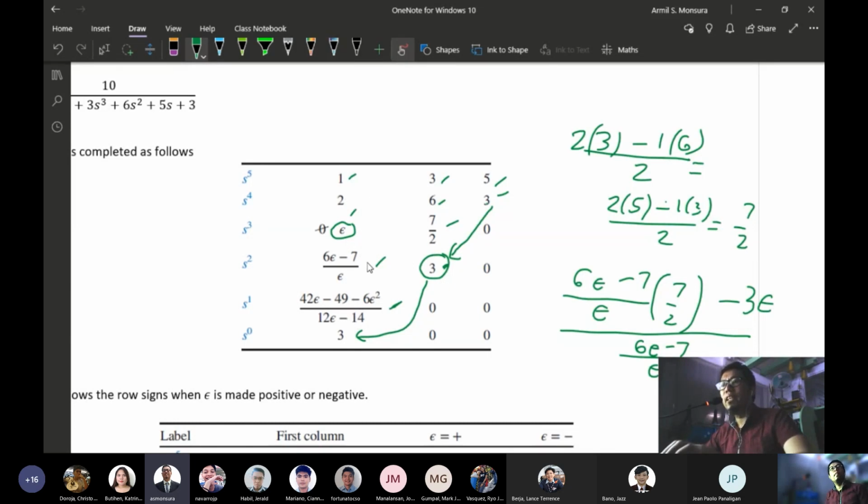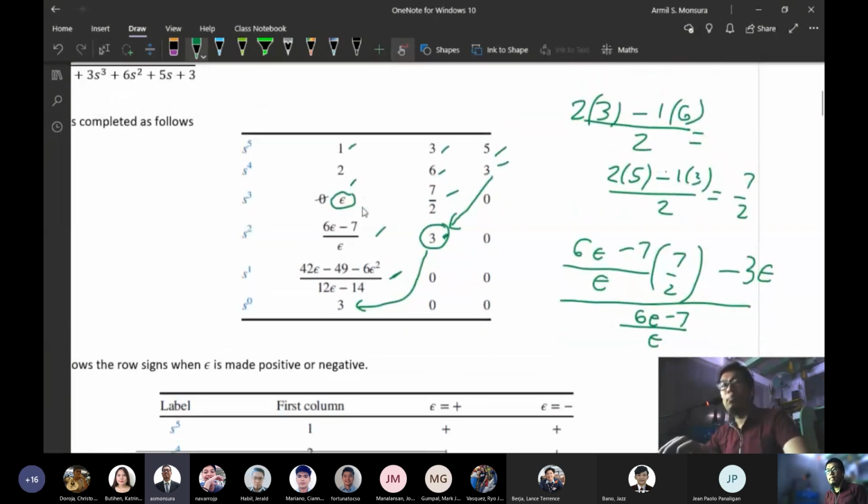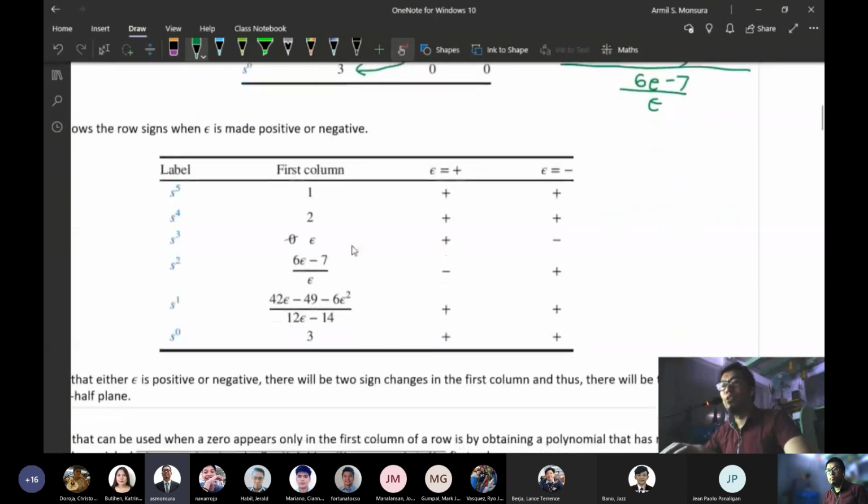So, what would happen then is that itong epsilon, papalitan natin siya ng very small positive or negative number. So, kukunin natin yung first column ngayon dito, and then tingnan natin ngayon, what if this is a very small number na positive? So, positive siya. I-assume natin na yung epsilon natin is positive. Now, if this is a very small number, itong 6 times a very small number would be actually very small.